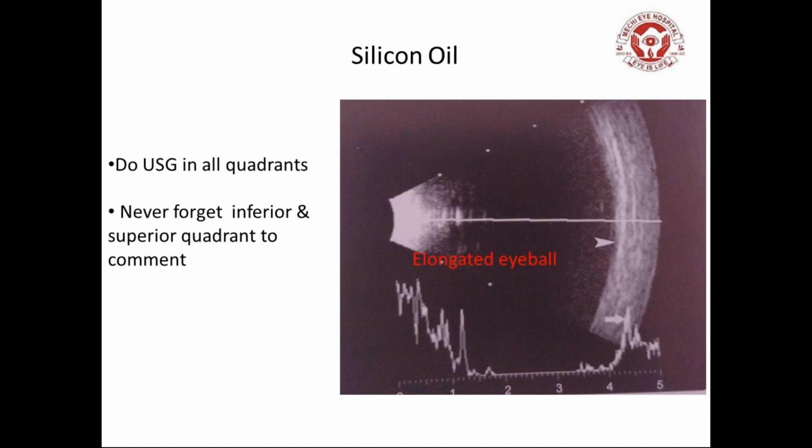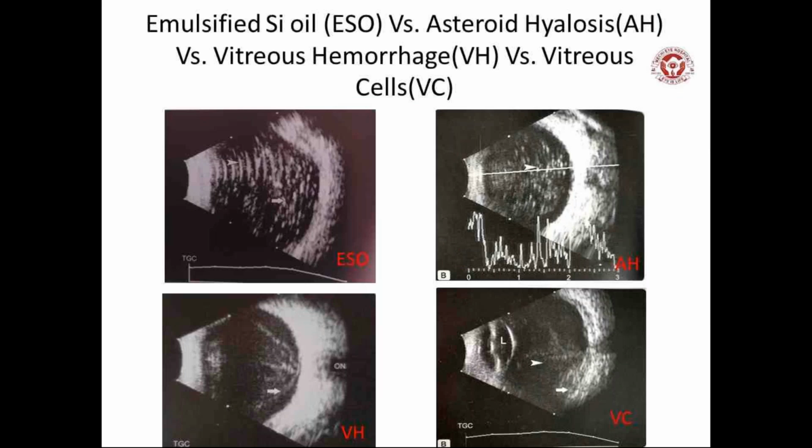Now coming to emulsified silicon oil, steroid hyalosis, vitreous hemorrhage, and vitreous cells. First, I would like to discuss emulsified silicon oil and steroid hyalosis. By the scan, both look similar, with medium-sized, highly reflective echoes in the vitreous cavity.